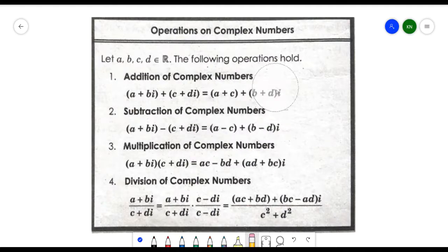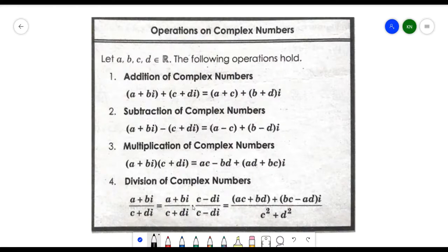Now for the multiplication of complex numbers, it is basically the distributive property, or the FOIL method. You can find the product of the complex numbers by the FOIL method or distributive property.